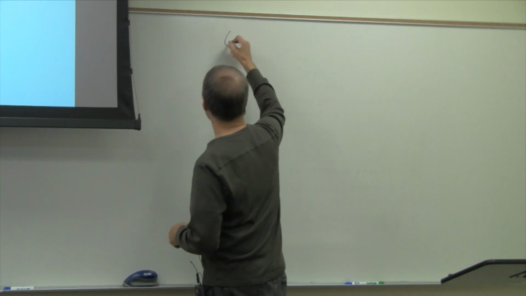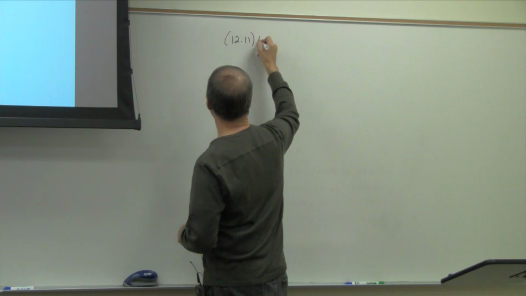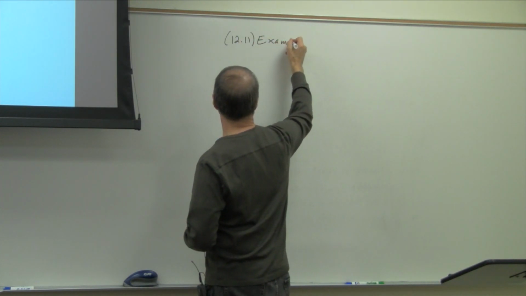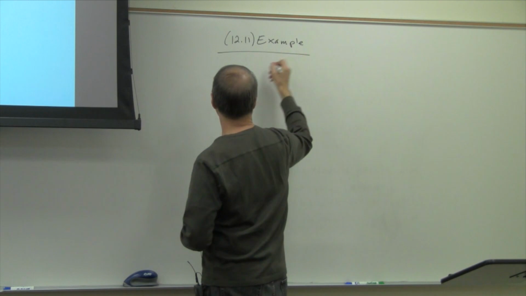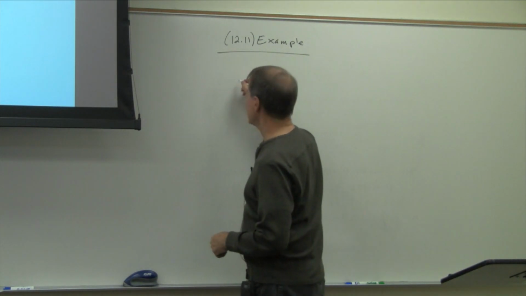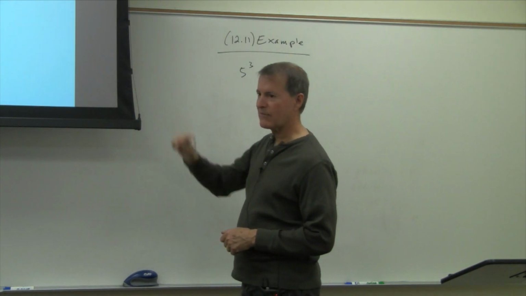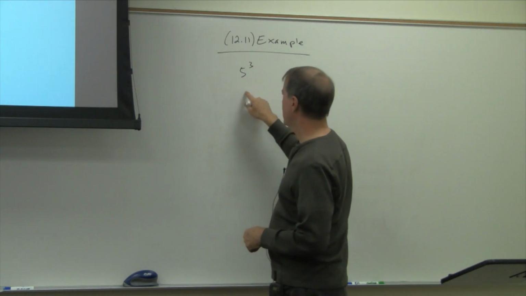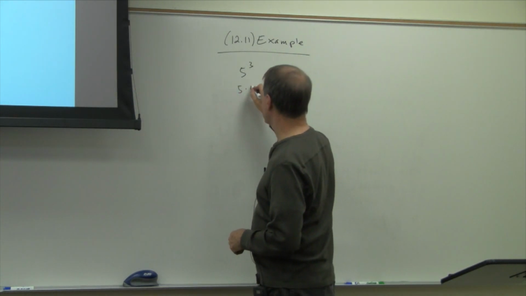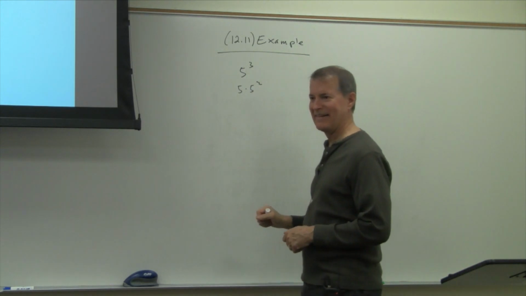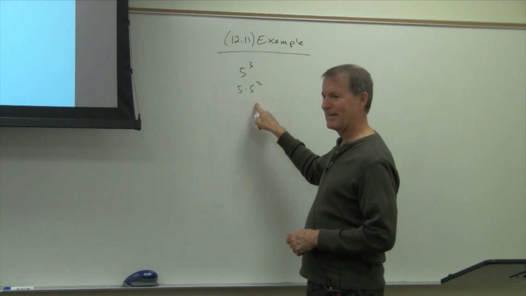12.11 example. What this is saying is, suppose I asked you, what is 5 cubed? According to this definition, what is 5 cubed? It's 5 times 5 squared. But wait a minute. What is 5 squared?